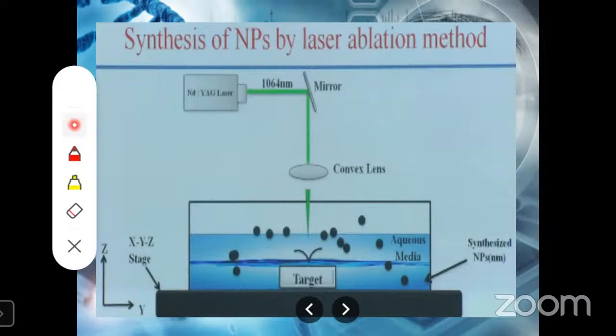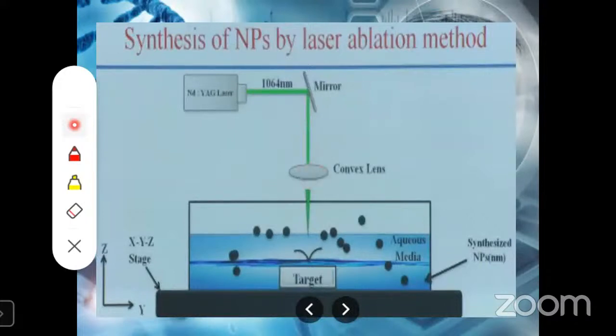And here you can use an XYZ stage to move the target, and you can utilize the complete material by making nanoparticles. So this is the process. This gives a clear idea of how laser ablation works.